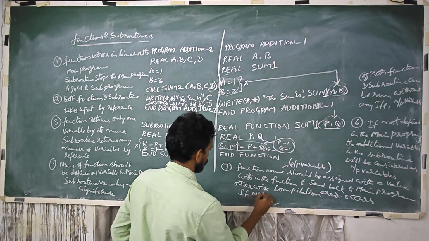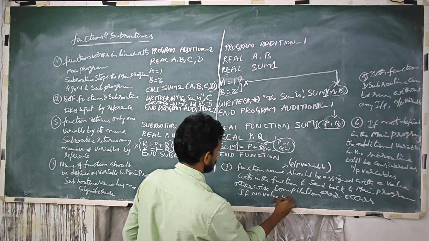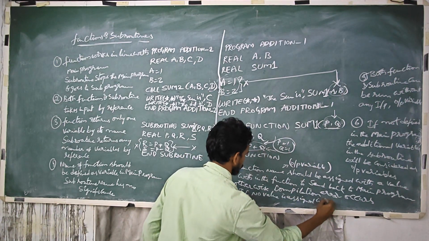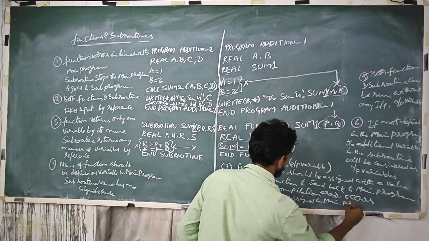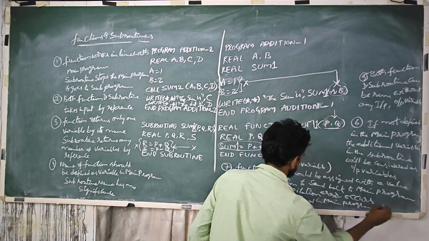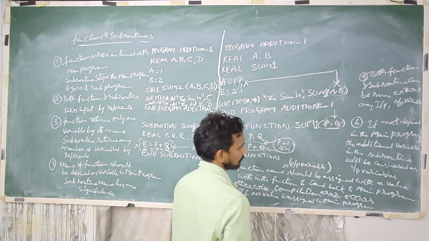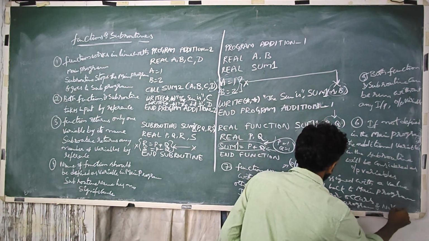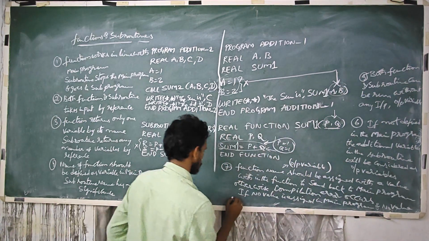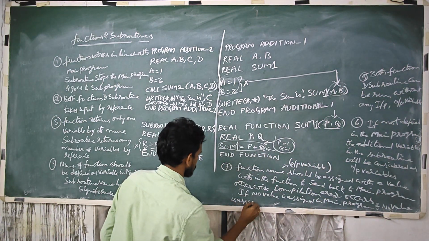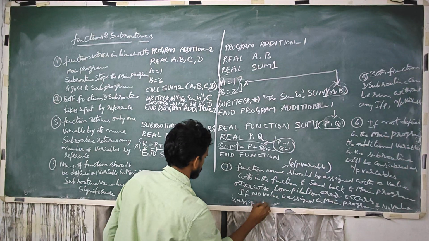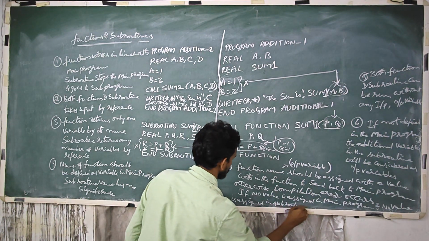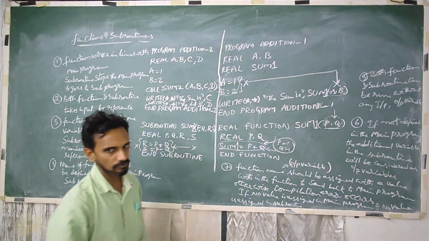So if no value is assigned in the main program, and no value is assigned in the subroutine, random numbers will be generated.